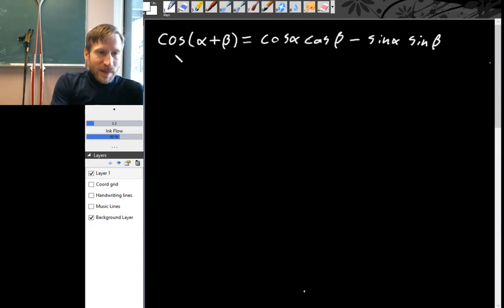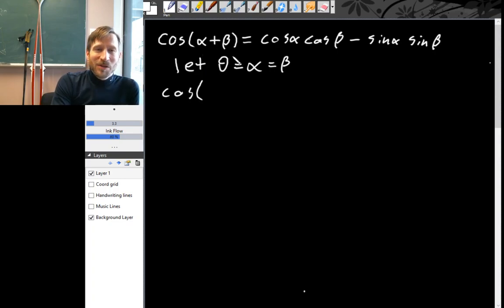And if you see what this looks like, if alpha and beta both happen to be just the same thing, theta, now usually they aren't, but if you declare they are, then this identity looks like cosine of, well, if alpha and beta are both equal to theta, then alpha plus beta is theta plus theta, and that's 2 theta.